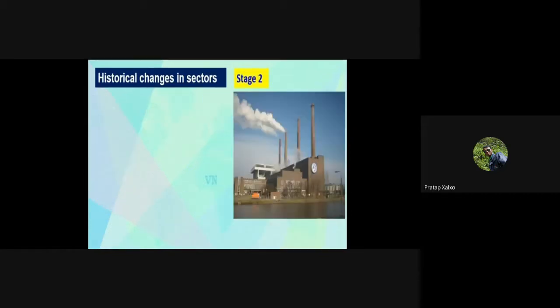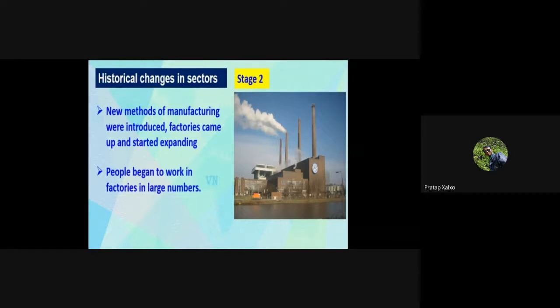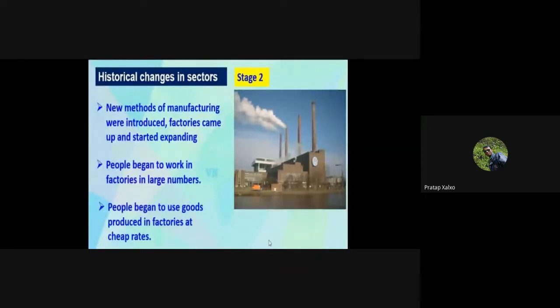Coming to the second stage, new methods of manufacturing were introduced. Factories came up and started expanding. People began to work in factories in large numbers, and people began to use goods produced in factories because they are available at a cheap rate.